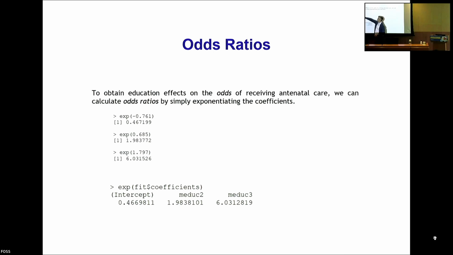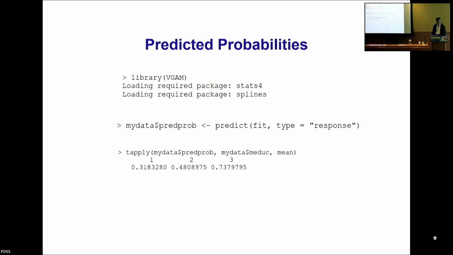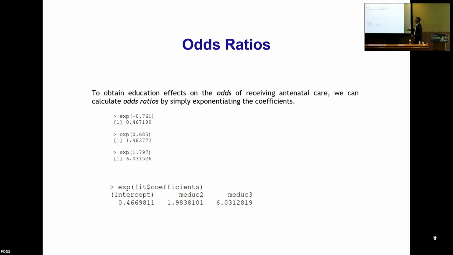Taking the exponent of the logit gives us 1.98, and taking the exponent of this logit gives us 6. To do that in R, we can just tell R we want the exponent of a particular number.